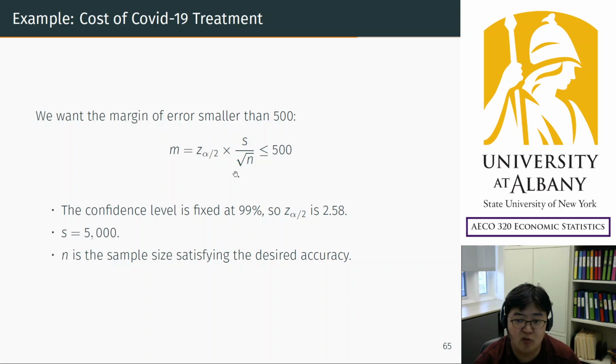So alpha being 1%, like so. And then when the confidence level is 99%, this part, z subscript alpha over 2, is 2.58, which is exactly the same as the earlier algebra. Of course, it depends only on the confidence level. And standard deviation was 5,000. So plug them in.